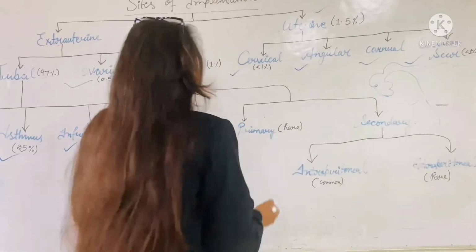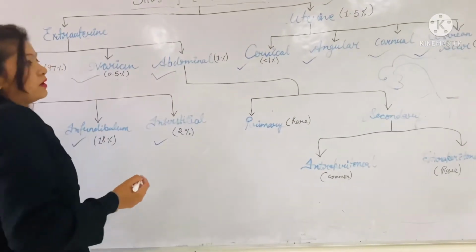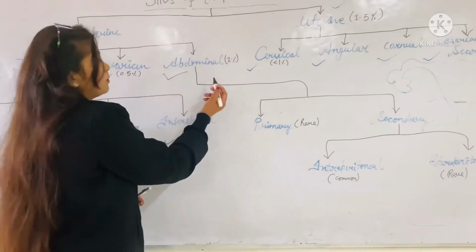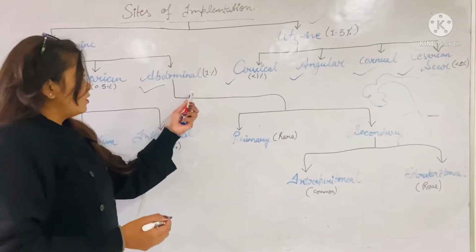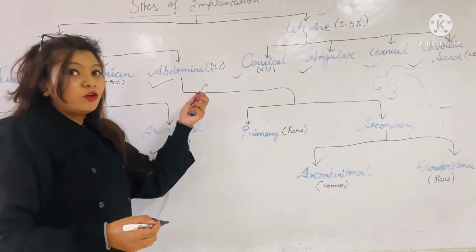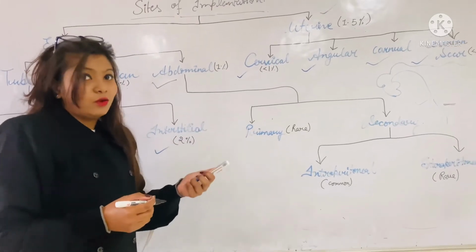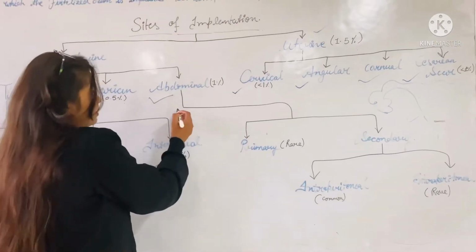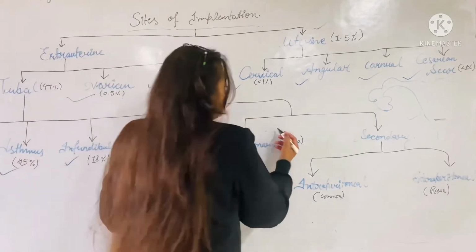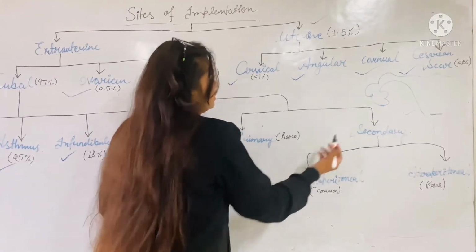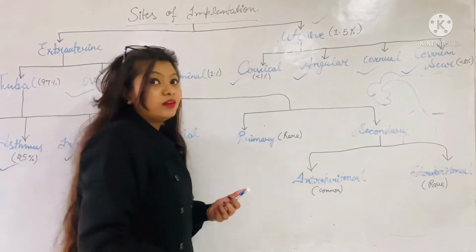After that, moving to the abdominal ectopic pregnancy. Why is it named abdominal? The fertilized ova will be implanted in the abdominal cavity. Now the abdominal type is further divided into primary and secondary, where the primary is a really very rare case.